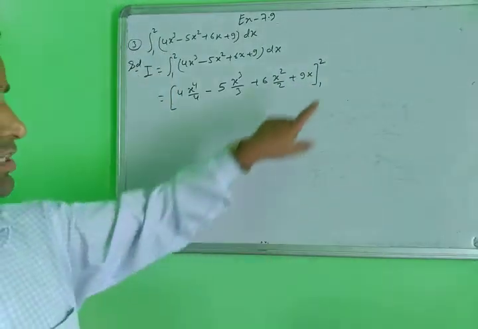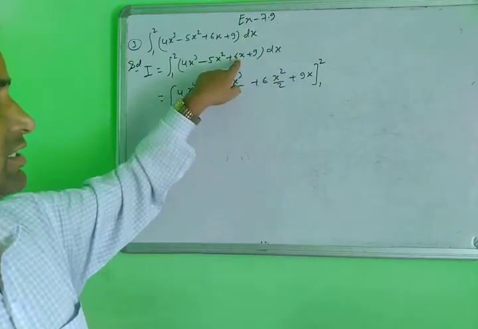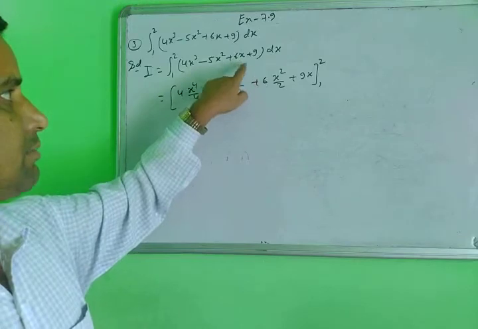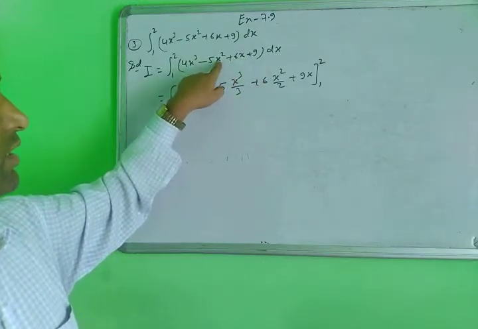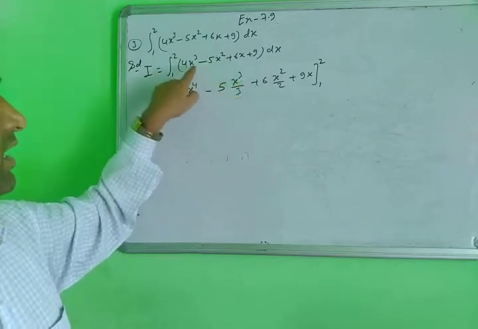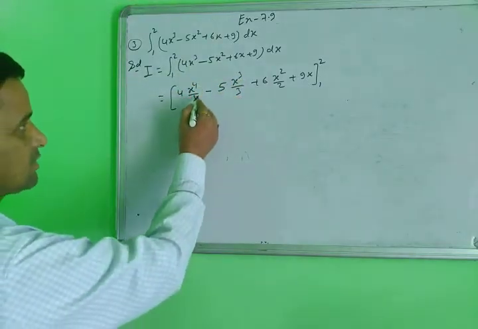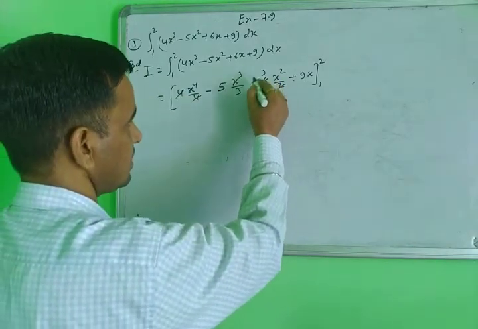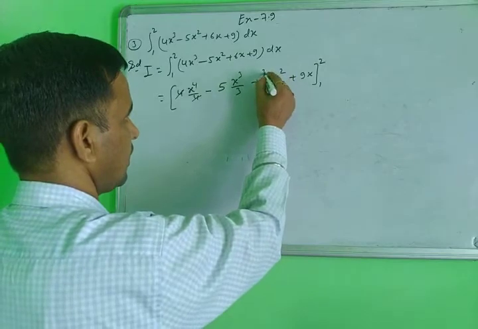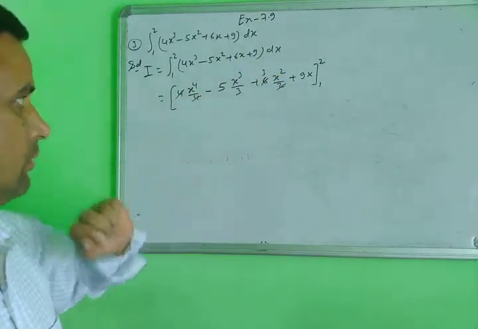No constant number here. The integration of 9 is 9x, of 6x is 6 with the same number but x square by 2, of x square is x cube by 3, and of x cube is x to the 4 by 4. Suppose you simplify: x square can cancel here, 2 and 3 cancel with 6. You can do any simplification work here, no problem.